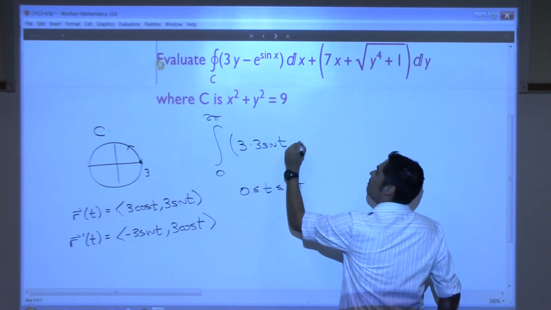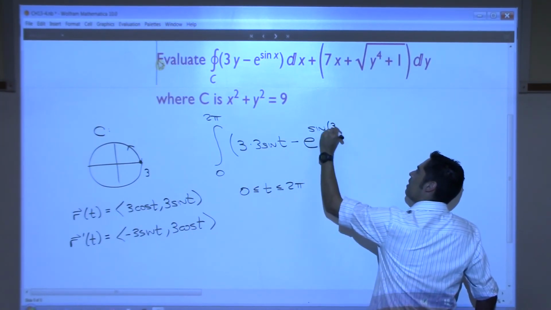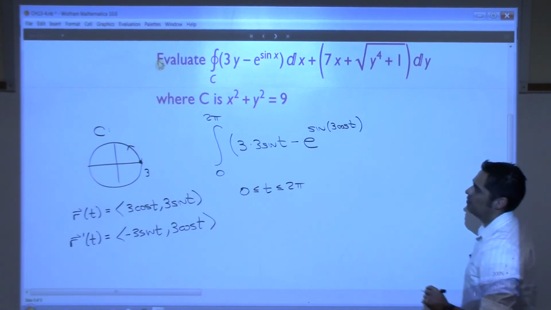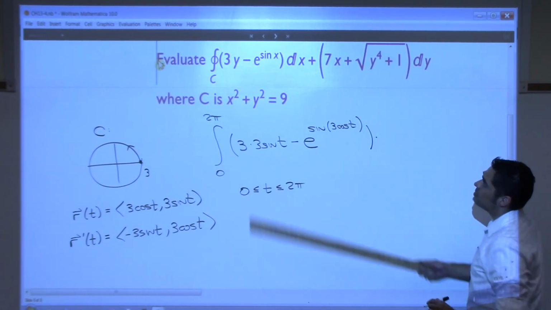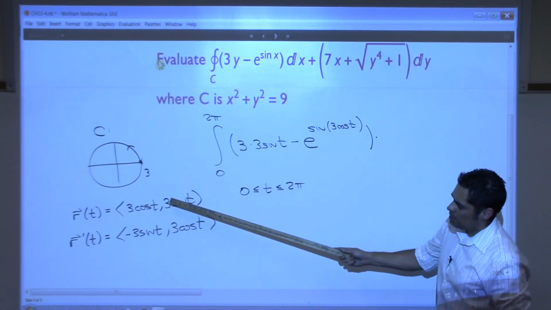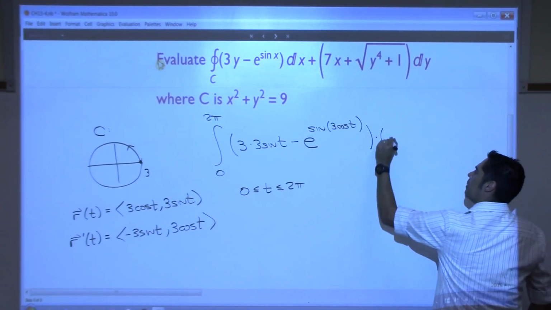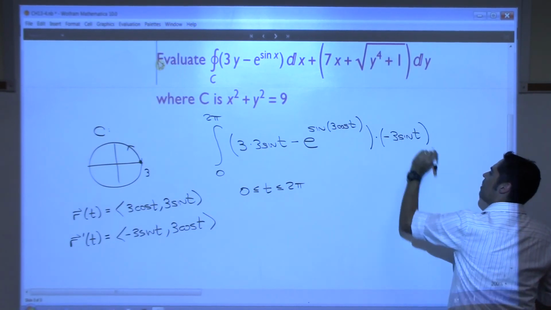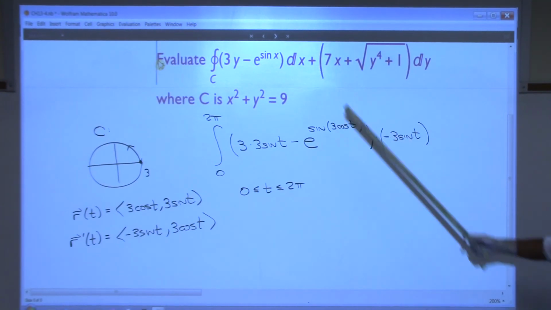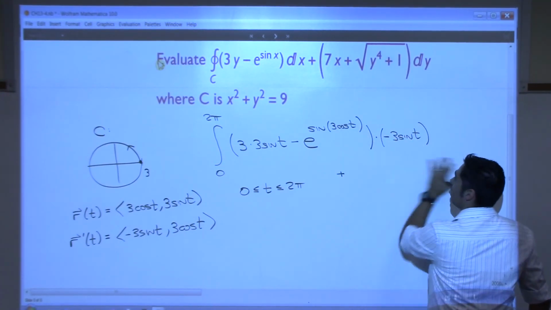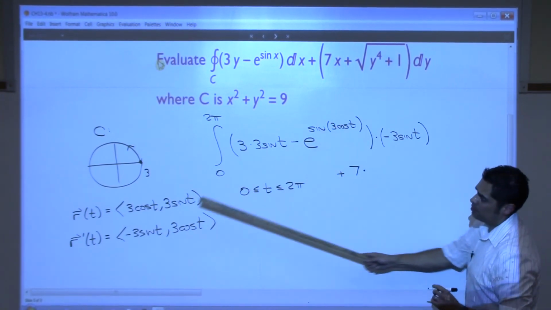That's 3y minus e to the sine of x, but what's x? 3 cosine t. All this times dx, which is the x component of the vector curve derivative, so -3 sine t. And then I could say dt, right? But I'm going to do this all in one integral. So I have plus now, I'm running out of room, plus 7 times x, but x is 3 cosine t.